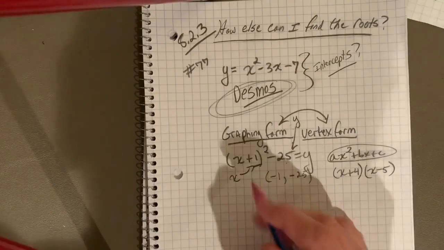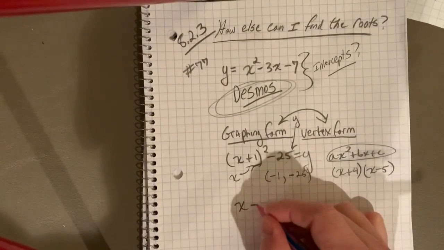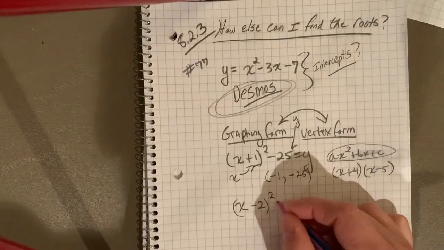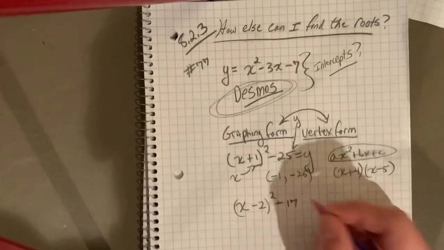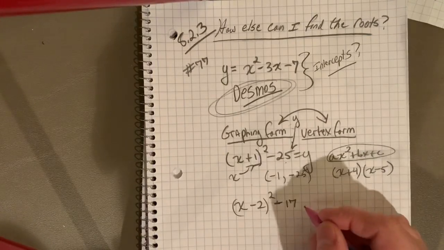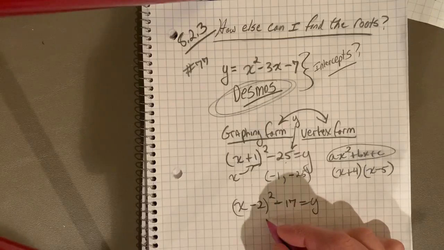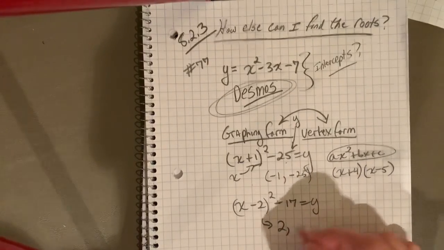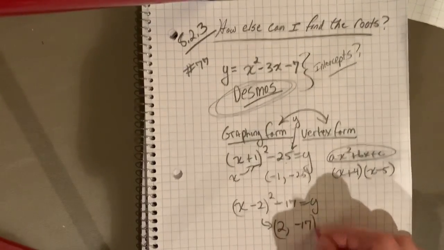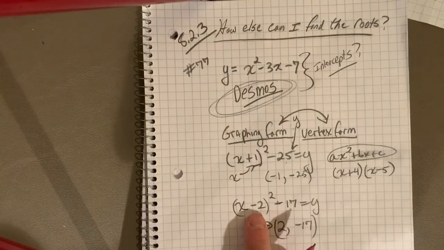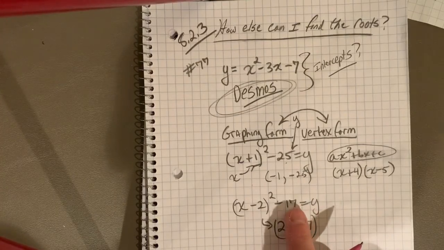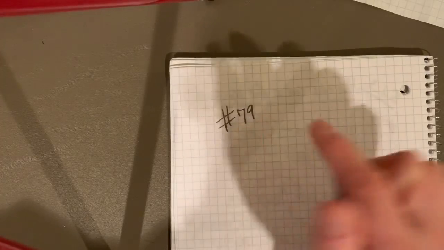I'll give you another example. If it would look like this for some reason, you would say that the vertex was at 2, -17. The opposite of this, and you keep this exactly the same. So I want you to go right now and do question 79.